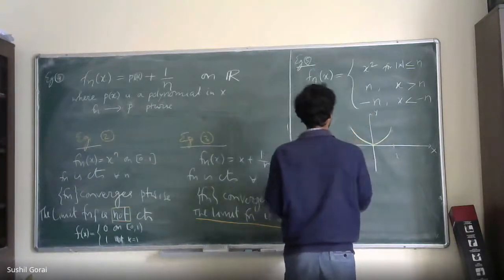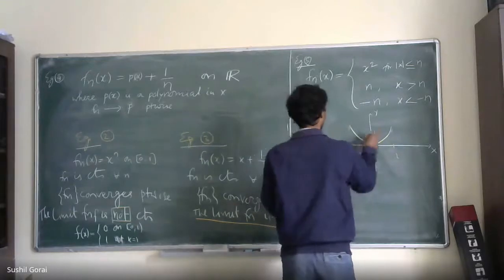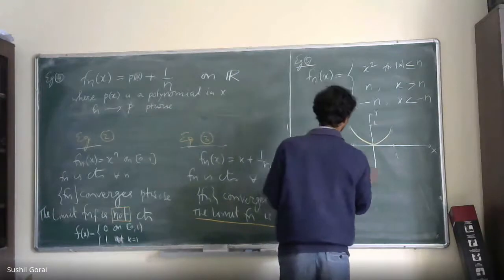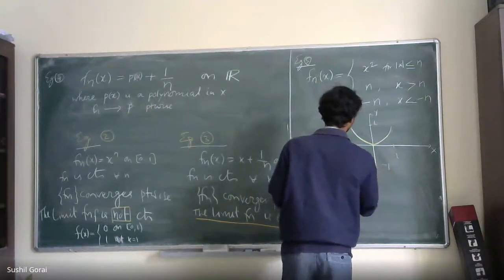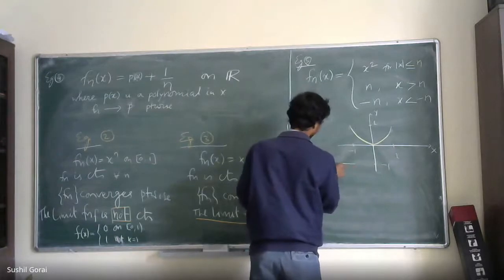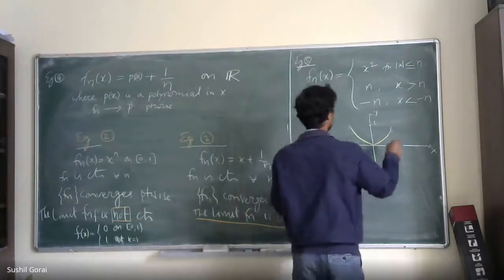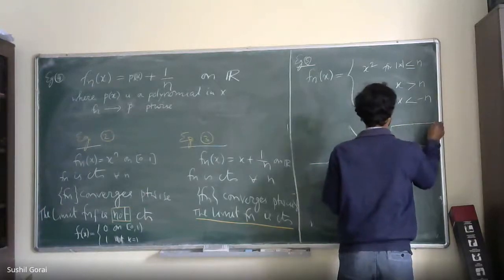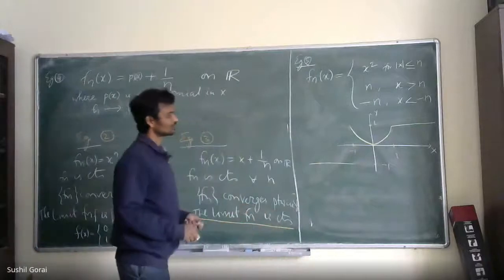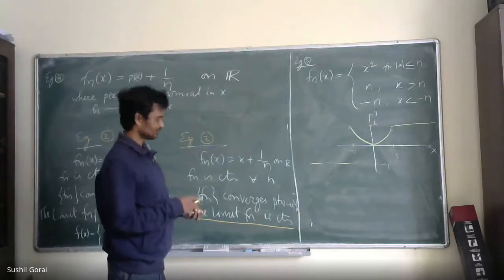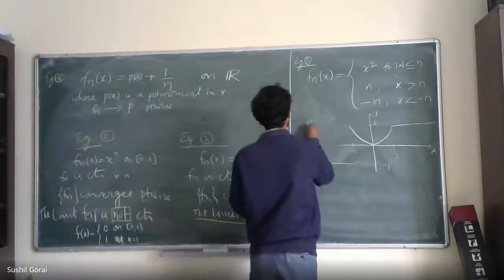And at this point it is 1, and at minus 1, and this is minus 1. Here it is like this, and like this. So this is F1.